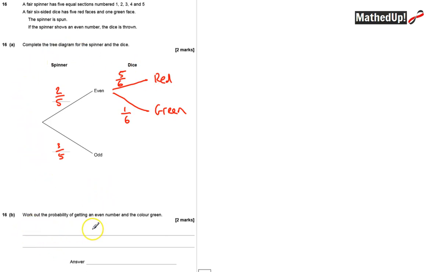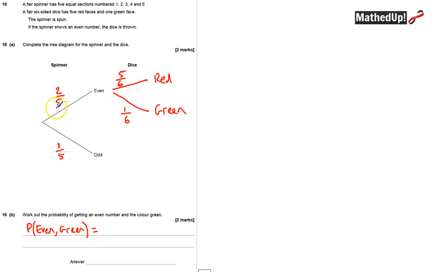Part B says work out the probability of getting an even number and the colour green. So we want to get an even number and the colour green. So that's going to be the probability of even and green.